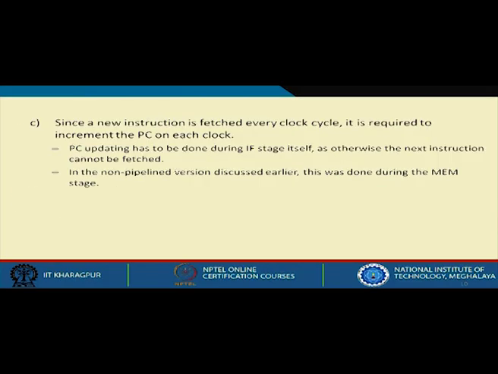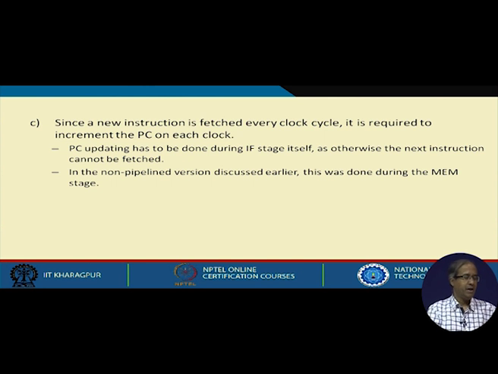Okay. Fine. And the third important issue is that, if you recall the micro operations for the non-pipelined MIPS, there in the instruction fetch or IF stage we were not incrementing the PC.